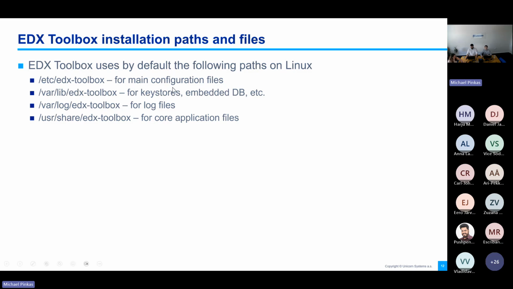We have the main configuration files under the etc folder in the EDX toolbox folder, var lib for the key stores and embedded database data, var log for the log files, and usr share EDX toolbox for the core application files. That is the Tomcat.